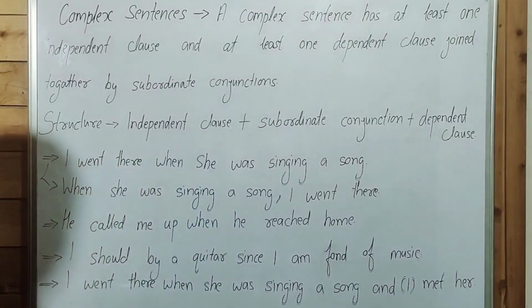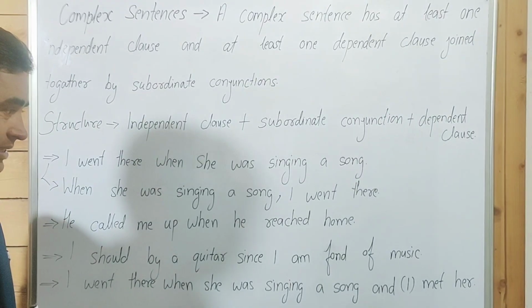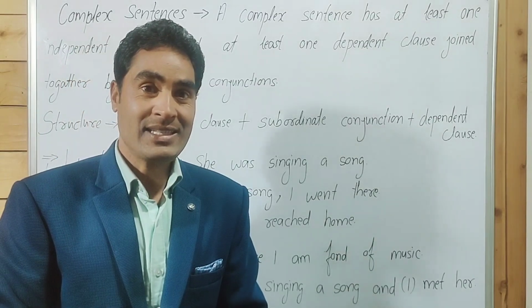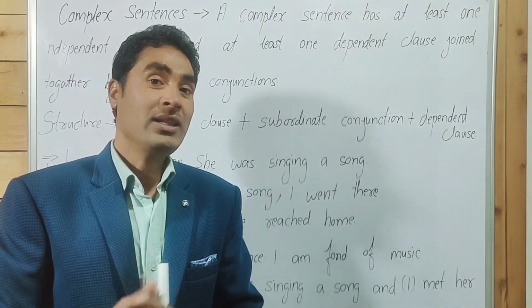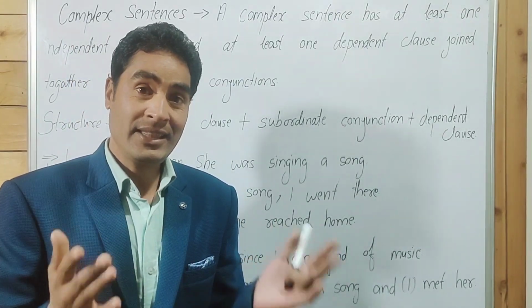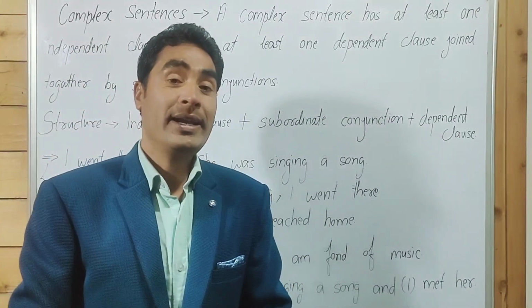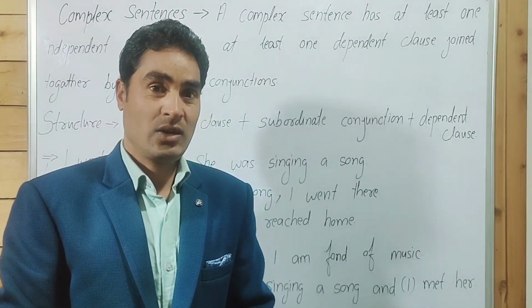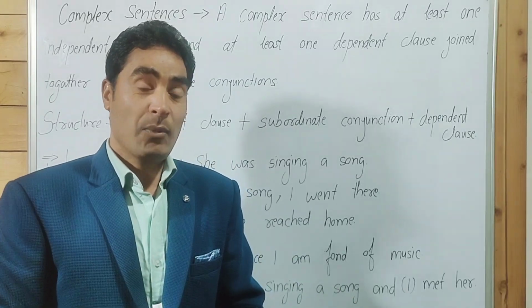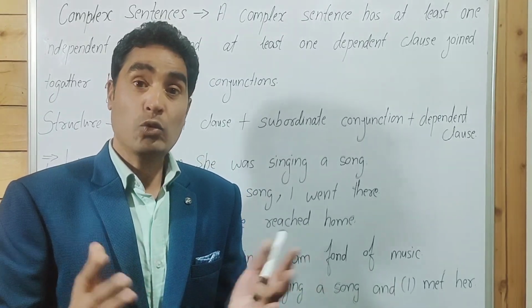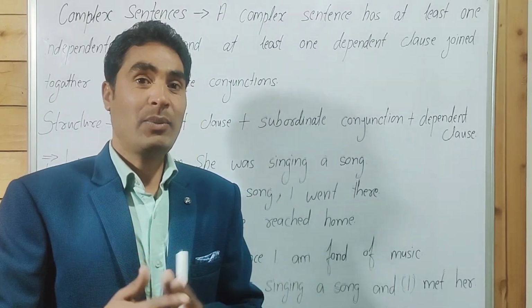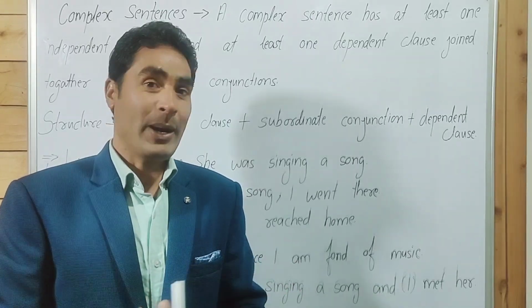So what do you think, which type of sentence is this? In a simple sentence, we have only one clause. In a compound sentence, we have two independent clauses. When we talk about a complex sentence, we have two clauses, one independent and the second a dependent clause.